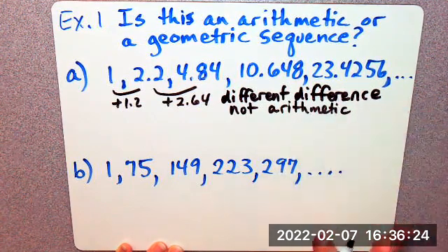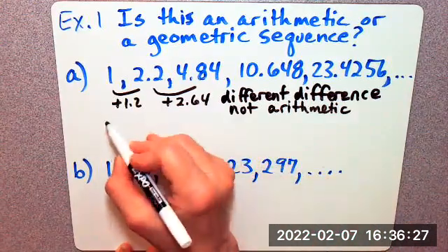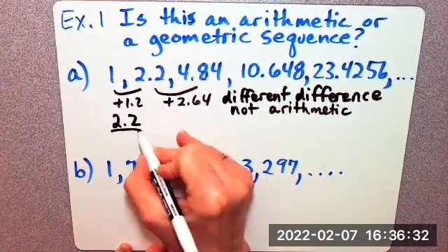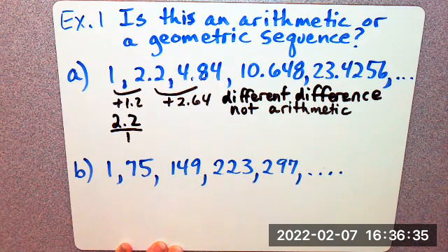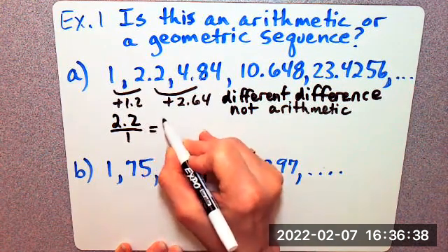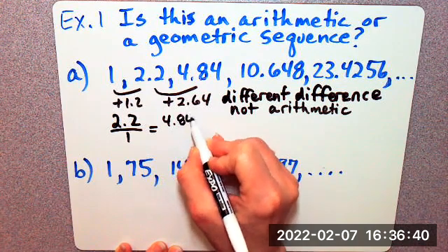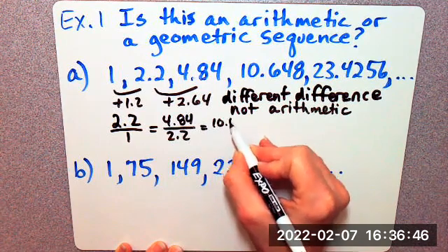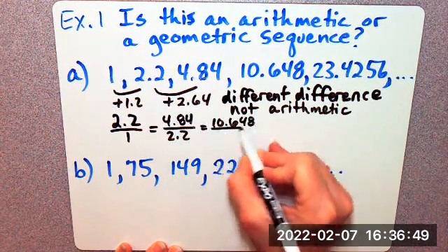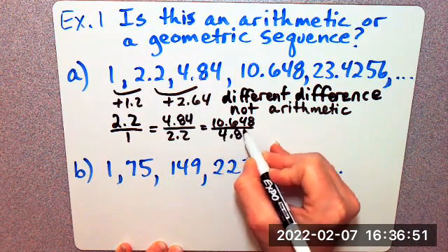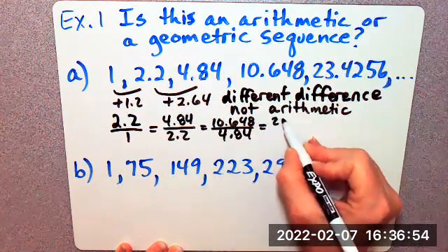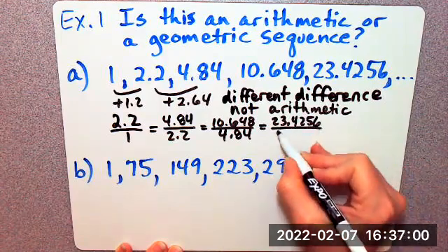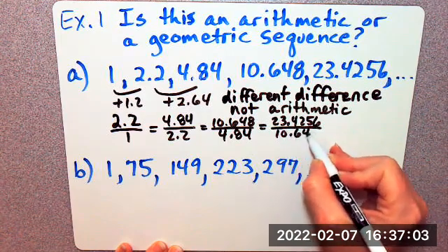So we've ruled that out, but it may not be geometric either. So we do need to see if we have a common ratio. So we're going to put each term over the one before it. We have a very good idea that the common ratio is going to be 2.2. So that should equal 4.84 divided by 2.2, and then that should equal 10.648 over 4.84, and then that should equal 23.4256 divided by 10.648.